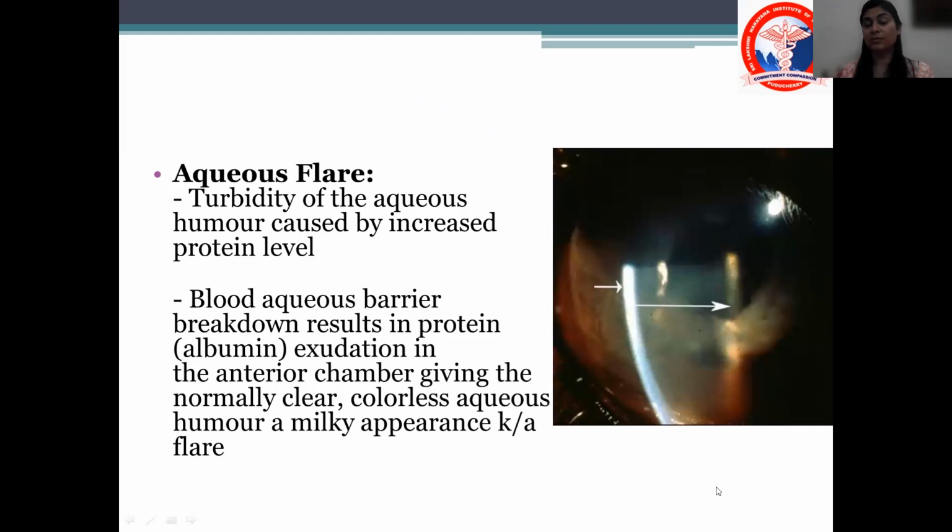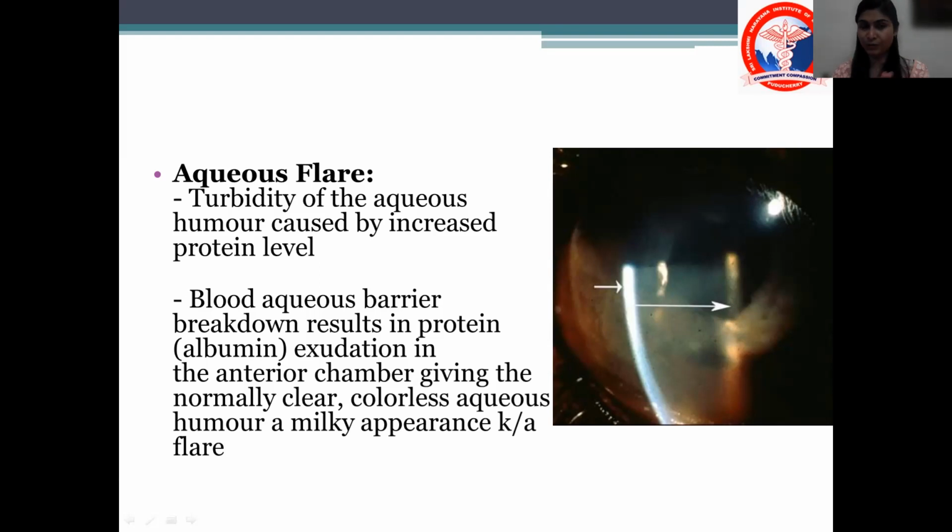The blood aqueous barrier has broken down, which results in protein or albumin exudation in the anterior chamber, giving the normally clear or colorless aqueous humor a milky appearance, which is called flare. See, the anterior chamber is not very clear. It has a milky appearance. This is due to the increased turbidity, leakage of proteins in the anterior chamber.